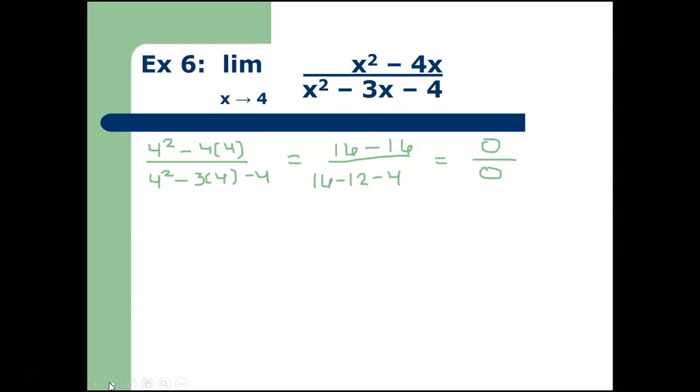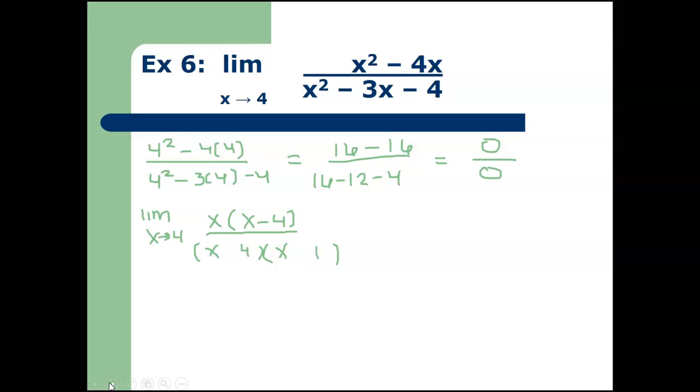Now we're going to look to clean this up algebraically. In the numerator, I can see x squared and x, so I'm going to factor out an x. And then in the denominator, that looks like a factorable quadratic. So factors of 4 that sum to 3 are 4 and 1.